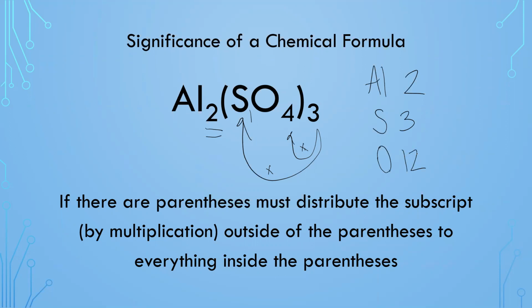So in this compound, we have 2 aluminum atoms, 3 sulfur atoms, and 12 oxygen atoms. So once again, just make sure if you have something outside of the parentheses at the end, you distribute it by multiplication to everything inside the parentheses, and the front parenthesis stops you. You don't want to go forward. And if there's not a subscript, it's assumed it's a 1. We never have zeros.